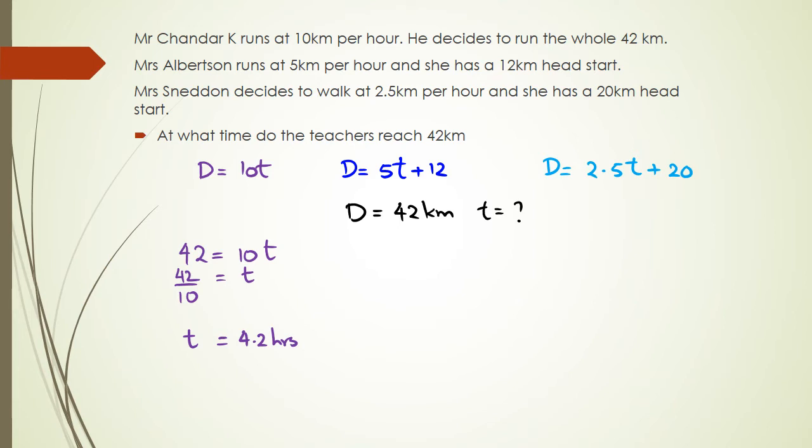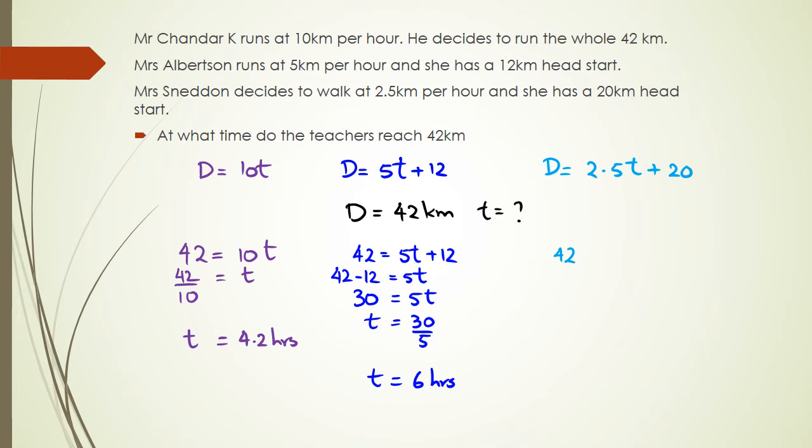When we look at Mrs. Albertson, we've got 42 equals 5t plus 12, which means we have 42 minus 12 equals 5t, 30 equals 5t, and t equals 30 divided by 5, which means t is equal to 6 hours. And for Mrs. Snedden, we have 42 again equals 2.5t plus 20.